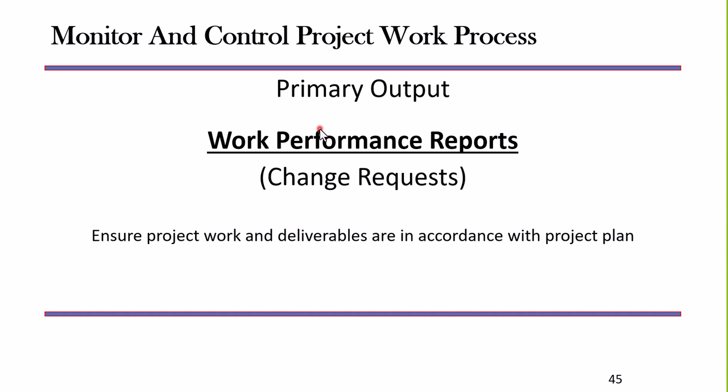If I have a variance, I need to take action to correct that variance, to bring it back in alignment with the plan. I might change the plan, I might change the work that's being done, or a combination of both, but I want to bring those two things in alignment. And I generate, as a result of that, the work performance report.